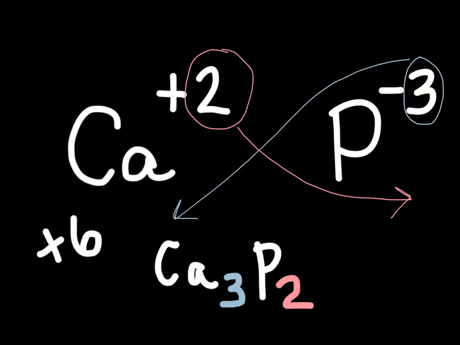And if I have 2 phosphide ions and each phosphide ion has a -3 charge, then my overall negative charge is going to be -6. So what is the overall charge for my molecule? +6 and -6 cancel each other out, so my ionic compound has no charge, it's neutral, which is exactly what happens when we form ionic compounds.